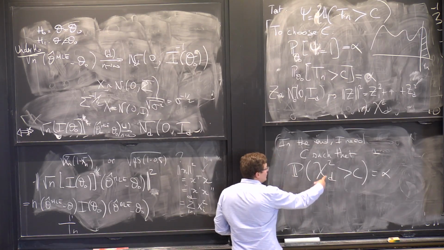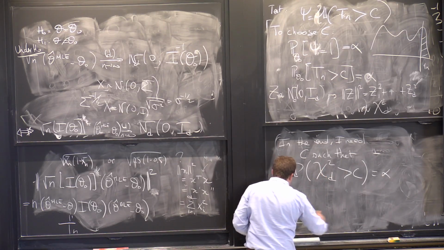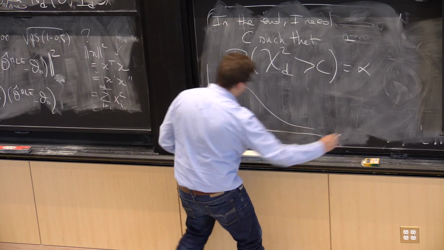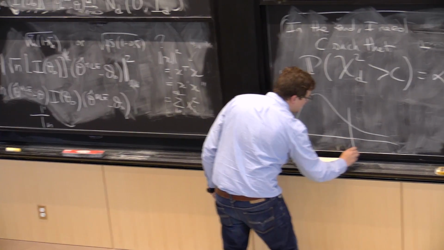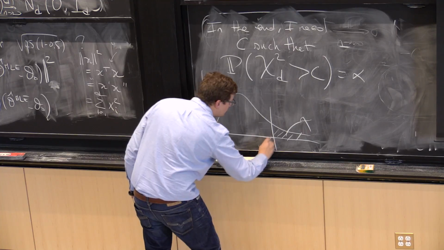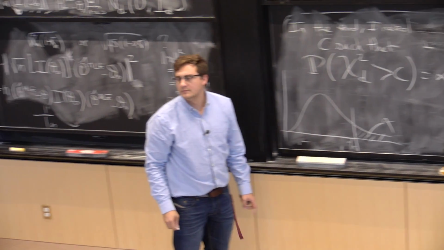And now, that means that I look at my chi-square distribution. We know it sort of looks like this. Right? And I'm going to pick some alpha here. And I need to read this number, Q alpha. OK?